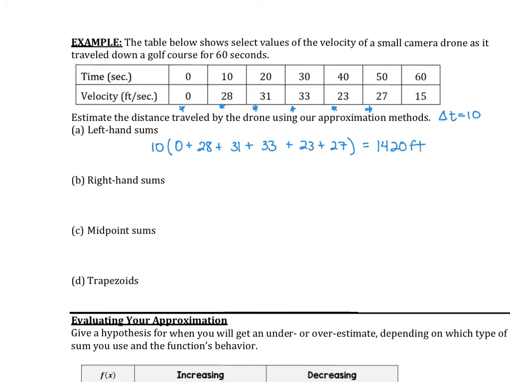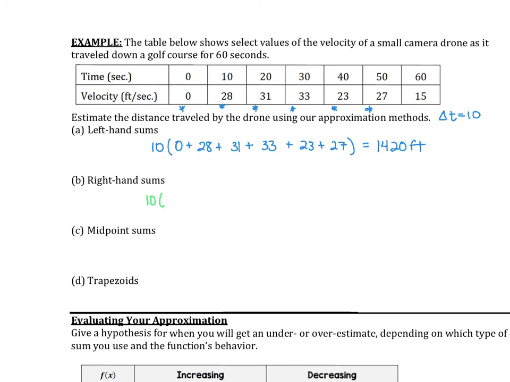So hit pause and see if you can find the right hand and the midpoint, maybe even the trapezoid, and then come back and check. Okay, hopefully you had a chance to try the right-hand sum. Now that width is still 10.